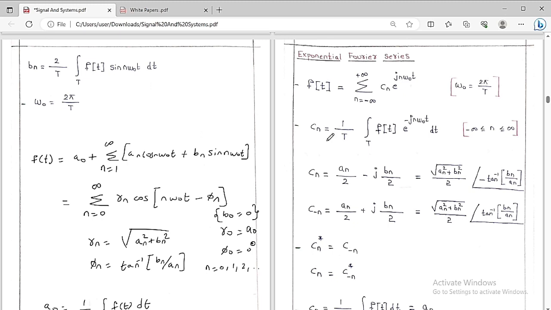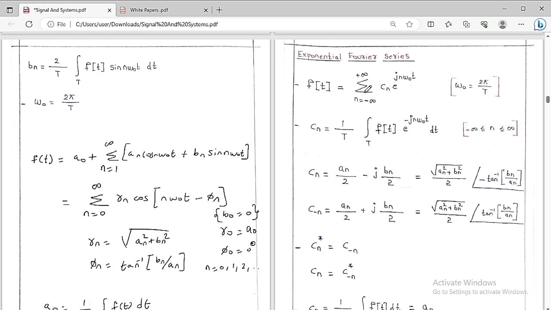The formula is Cn is equal to 1 by T integration over the period T of f of t e to the power of minus j n omega naught t dt. Here it is positive, so take it negative, that's it. Therefore Cn is equal to 1 by T integration over the period T of f of t e to the power of minus j n omega naught t dt, where the value of n lies from minus infinity to plus infinity.